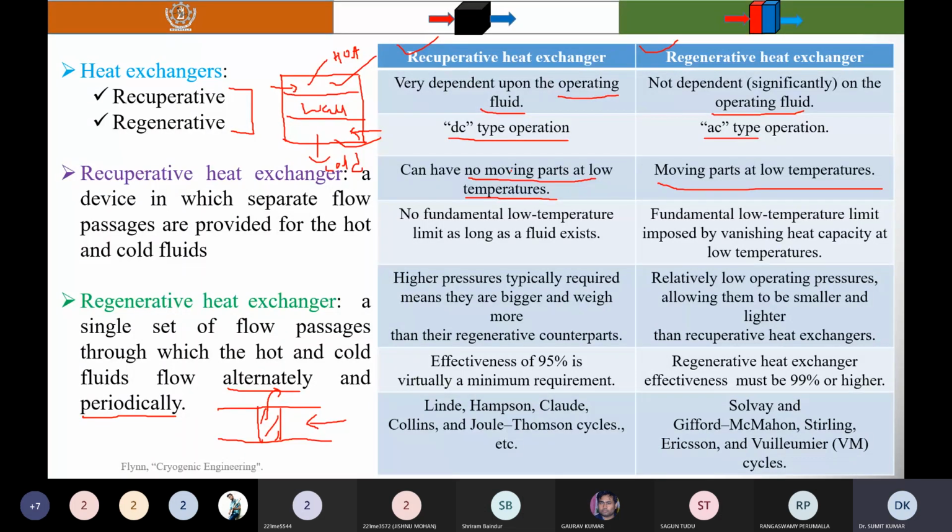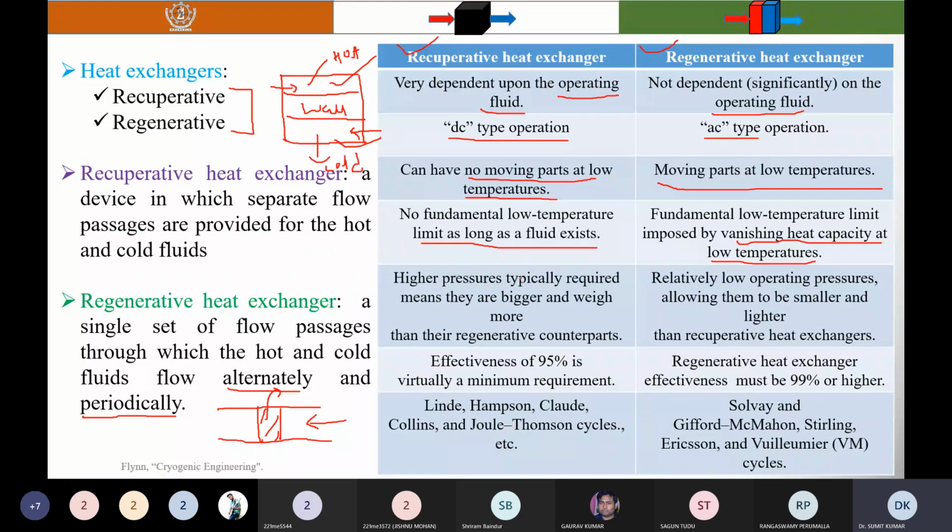Another difference is that there is no fundamental low temperature limit as long as the fluid exists. Okay. Here in the regenerative heat exchanger, a fundamental low temperature limit is imposed by vanishing heat capacity at low temperatures. Okay. Another problem is that a recuperative heat exchanger is bigger and heavy. Okay.